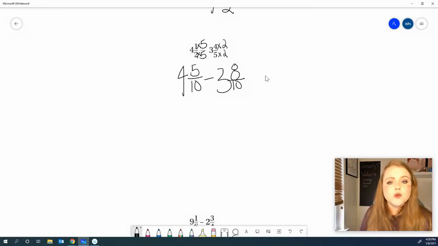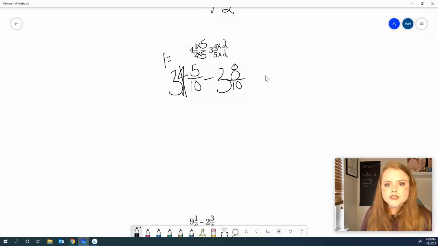8/10. Here's where we have to start renaming. You can't say 5 minus 8. So we have to rename and borrow from our whole number. Remember how we do that: we're going to cross out our whole number, take it down by 1, and from there we're going to pull out 1 whole. And we get to decide what fraction that 1 whole is. Remember that any fraction where the numerator and denominator are the same number equals 1.